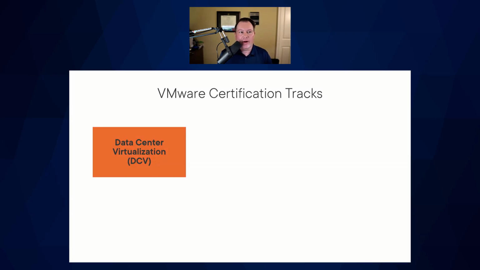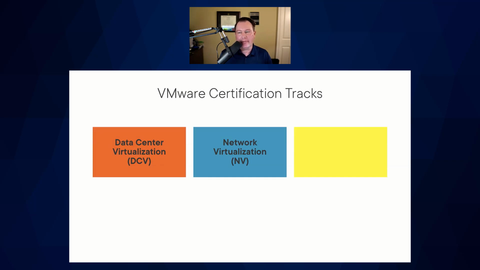From there, VMware has what they call the network virtualization, or the NV track. And this is all about VMware's network virtualization solution, NSX-T: installing network virtualization, configuring, troubleshooting, and design. And then from there, they have the cloud management and automation track that they call the CMA.